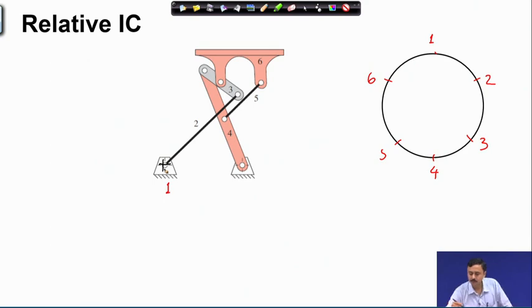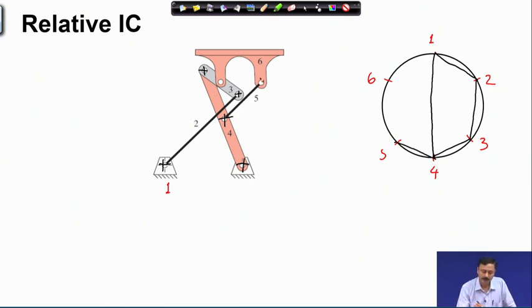So, I 1 2 is known, I 2 3 is known here, I 3 4 is known, I 4 1 is known, I 4 5 is known, and I 5 6 is also known.